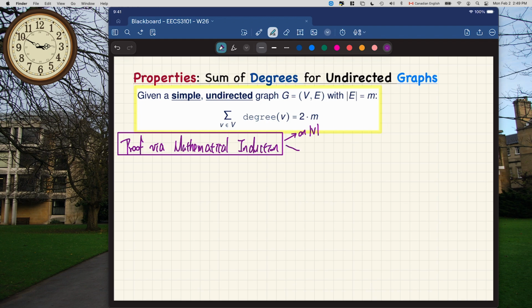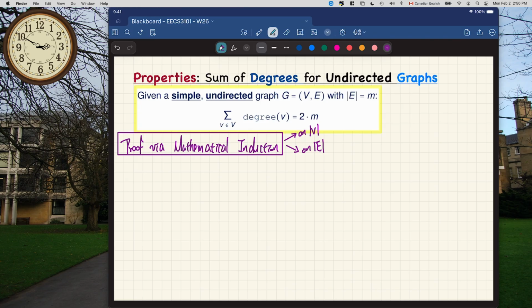Or it could be on the number of edges as well. It's also possible.